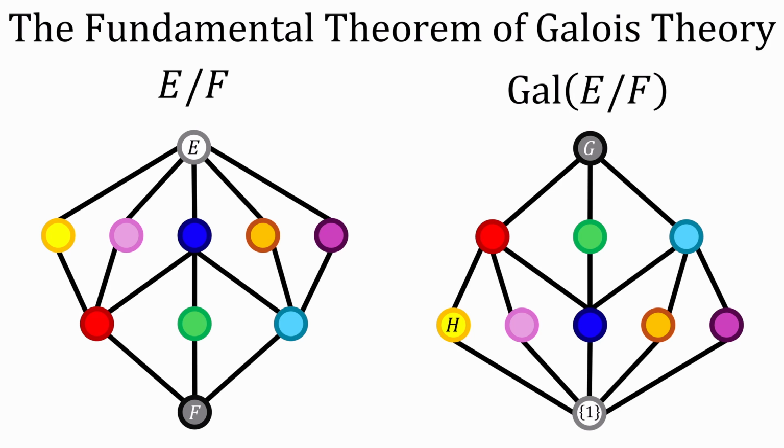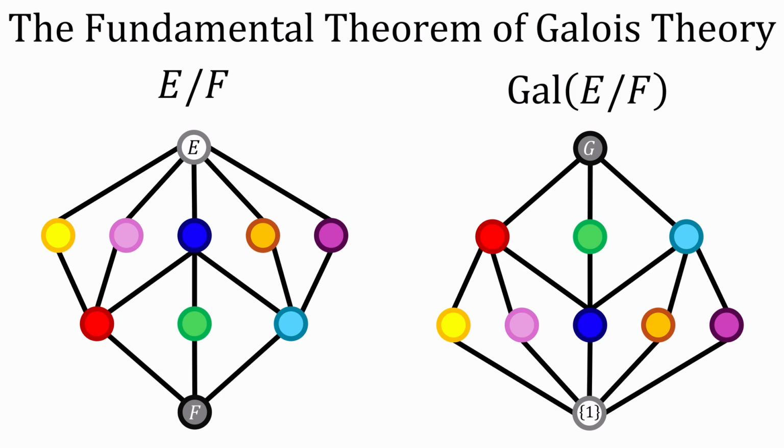It might also be the case that each automorphism in H leaves more than just F unchanged, it might leave some larger field unchanged. We denote this field by E to the H. E to the H is the field of elements in E, such that every automorphism in H leaves it unchanged. This is the only field on the left, such that the Galois group of E over this field is H, meaning this correspondence is indeed one-to-one.